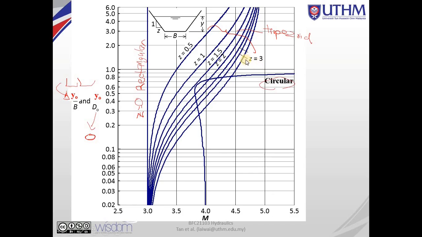So we need to intersect the two pieces of information, from the y-axis with the line in the middle of the graph, to obtain the M value on the x-axis.